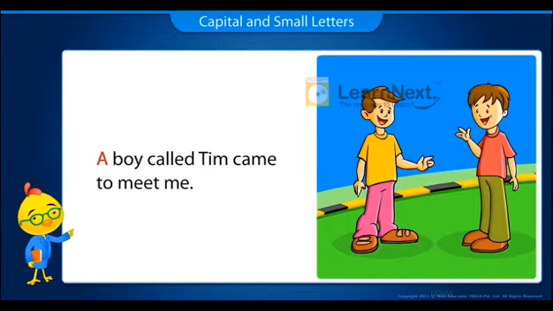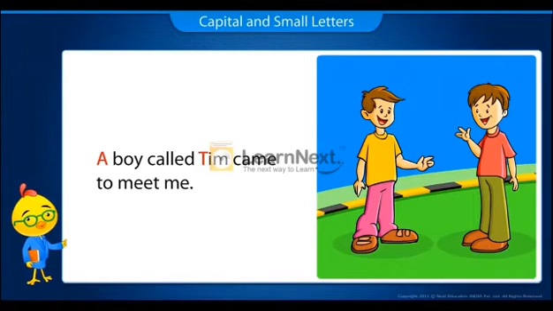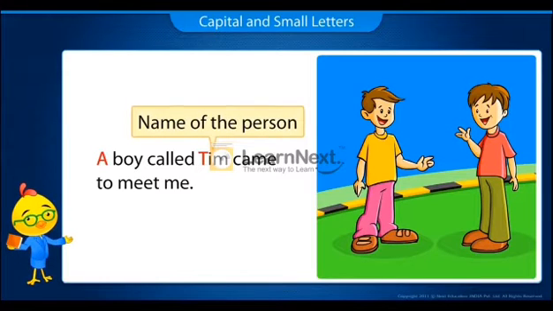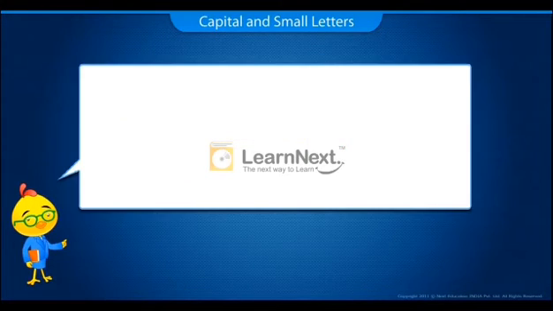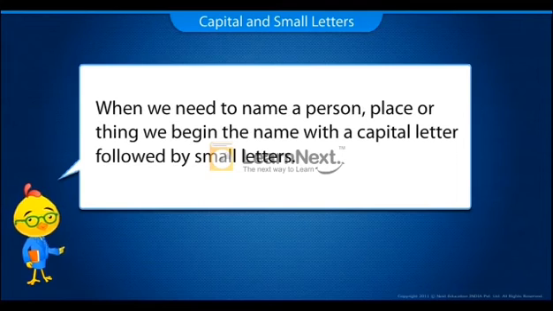I told you in the starting that the starting of a sentence uses capital letters and the name of any person. So Tim is the name of a boy. So over here A and T are used in this sentence as capital letters because Tim is the name of a person. That's why T is used over there.